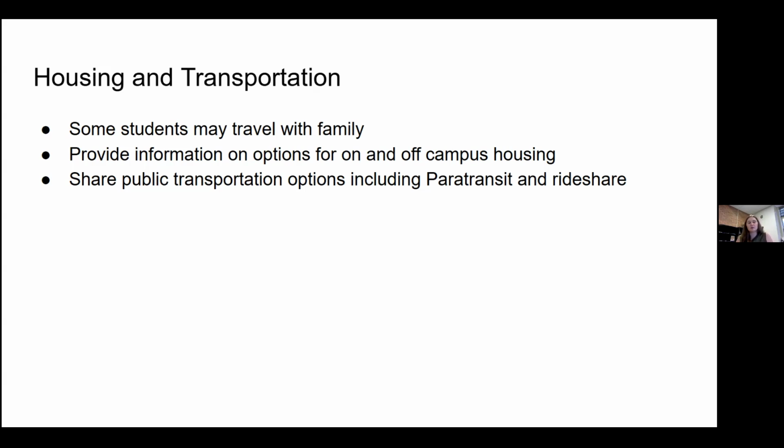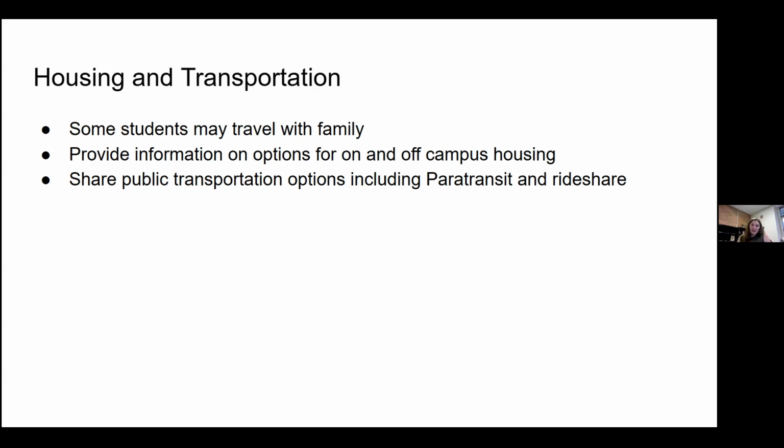That's the office that works with people who are not students, and that includes people living within housing. So be able to support not only the international student, but also make sure you have resources for their family as well.